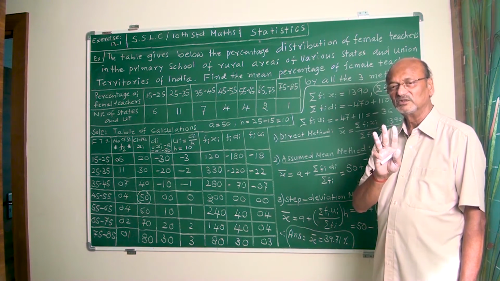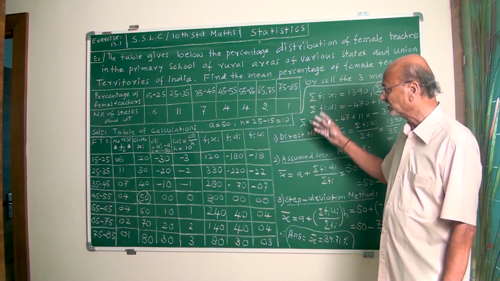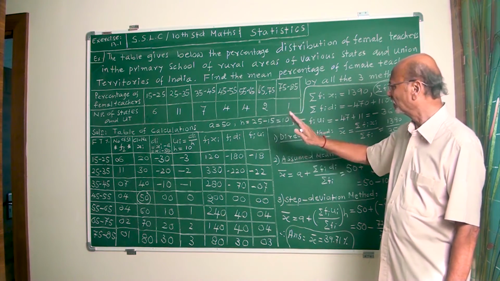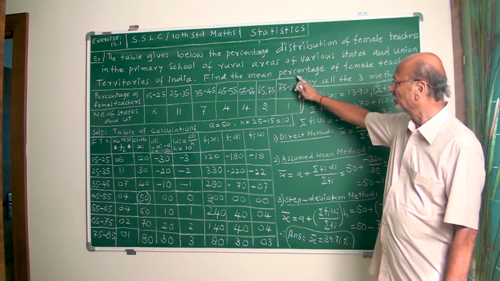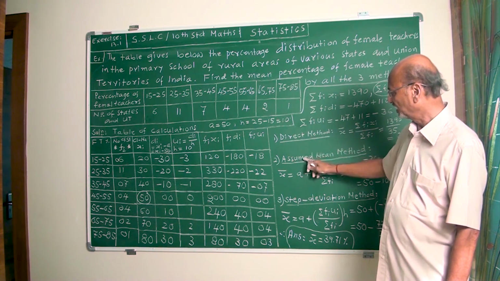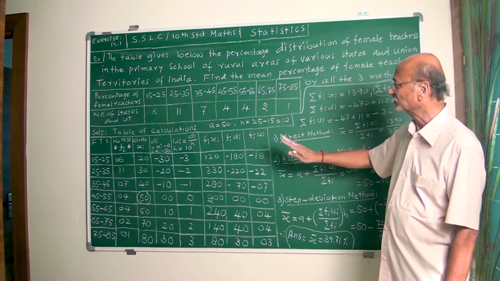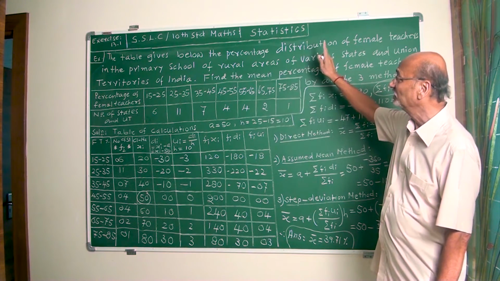Therefore, there is no chance of asking like this, lengthy. But anyway, this is one sample where we have calculated the mean percentage by all the three methods: direct, assumed, step deviation. Yes, my friends, this will be the last example on mean.